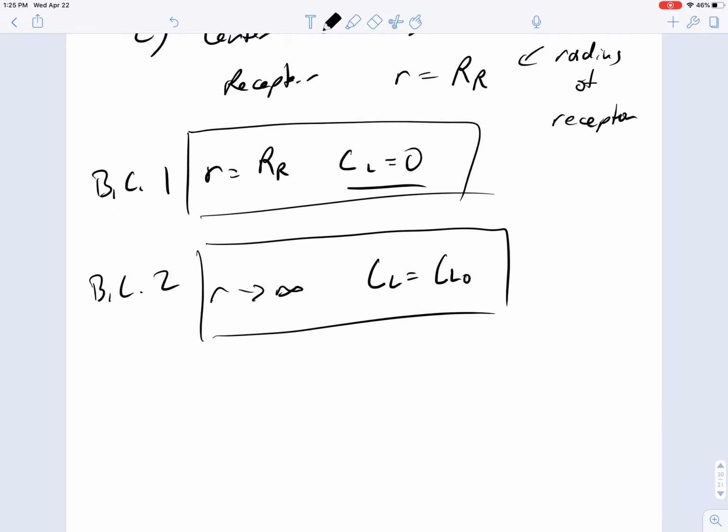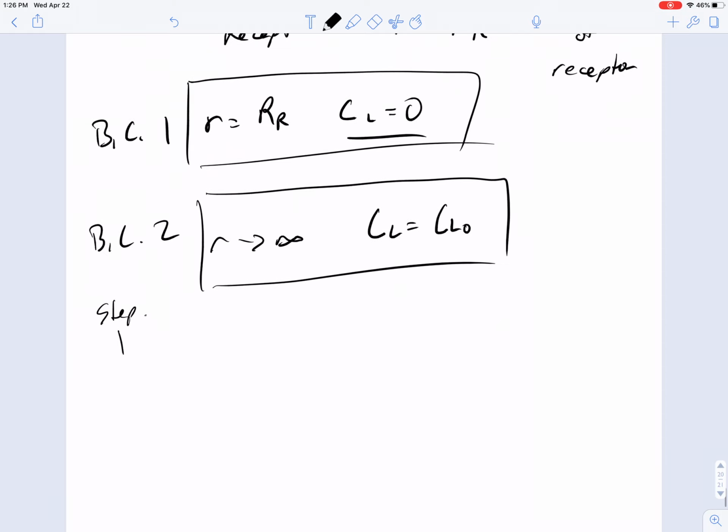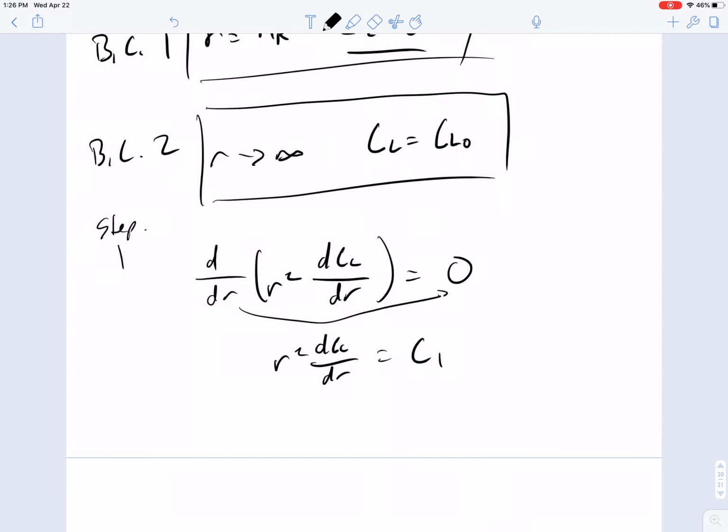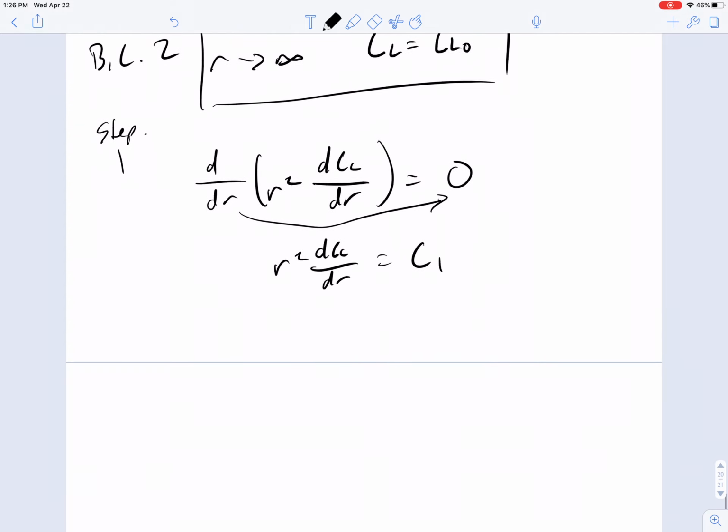So the first thing we're going to do is solve for C_L. We have d by dr of r squared dC_L dr equals 0. So we have r squared dC_L dr equals C1 when you integrate it once, right? You can just move this to the other side, integrate it once, you get a constant.